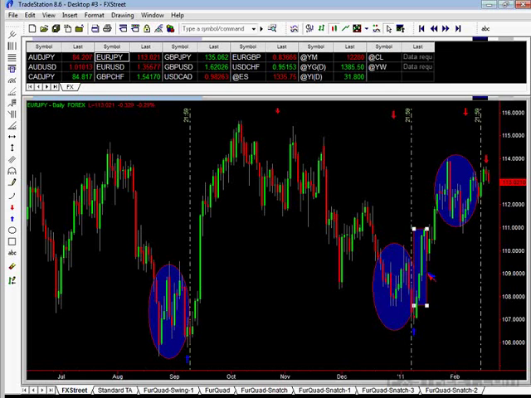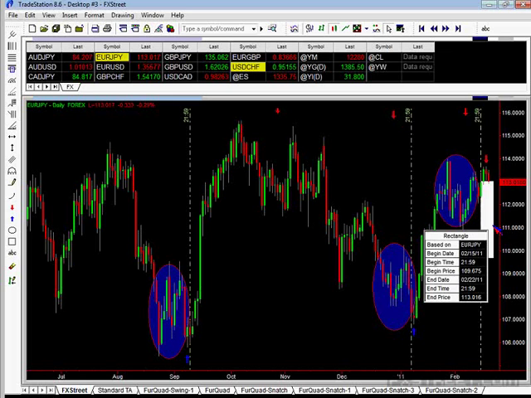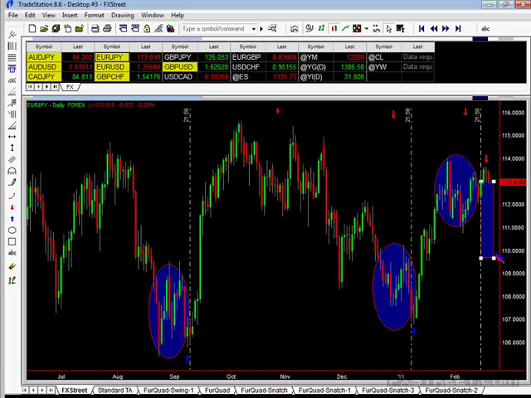All I've done is draw a square box on there, and I'm going to drag that across to give me a visual reference. I'm looking potentially at a move down to 110.